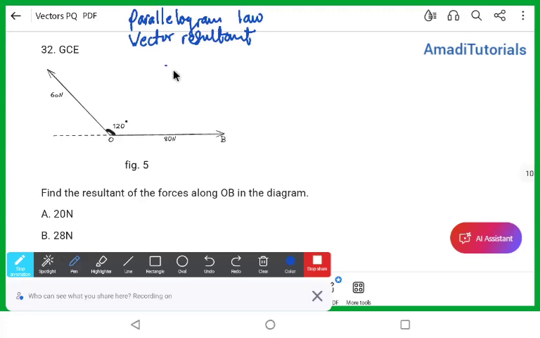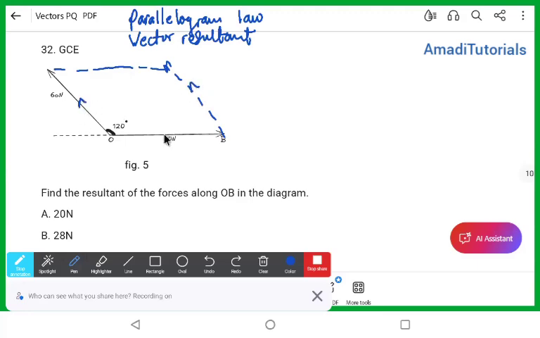If you draw a parallel line to this vector 60 Newton, and also draw another parallel line to this vector 80 Newton, you form a parallelogram. The opposite sides are equal.